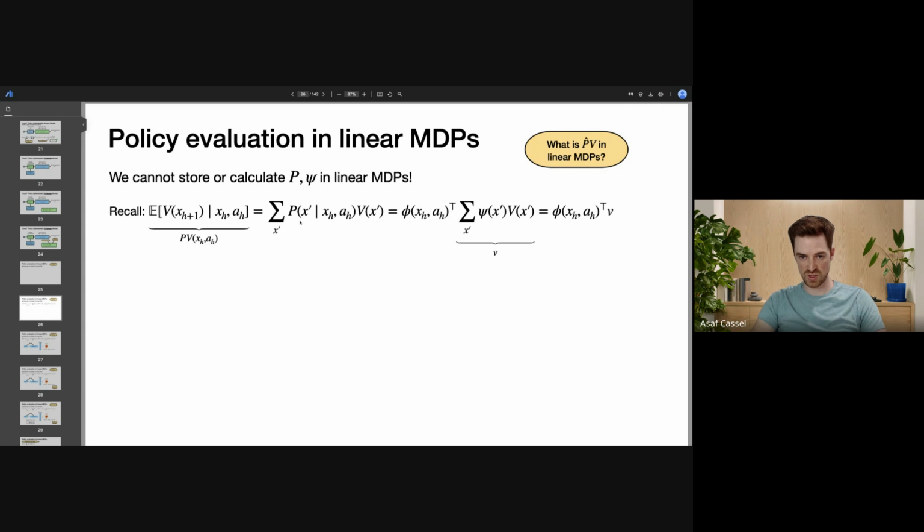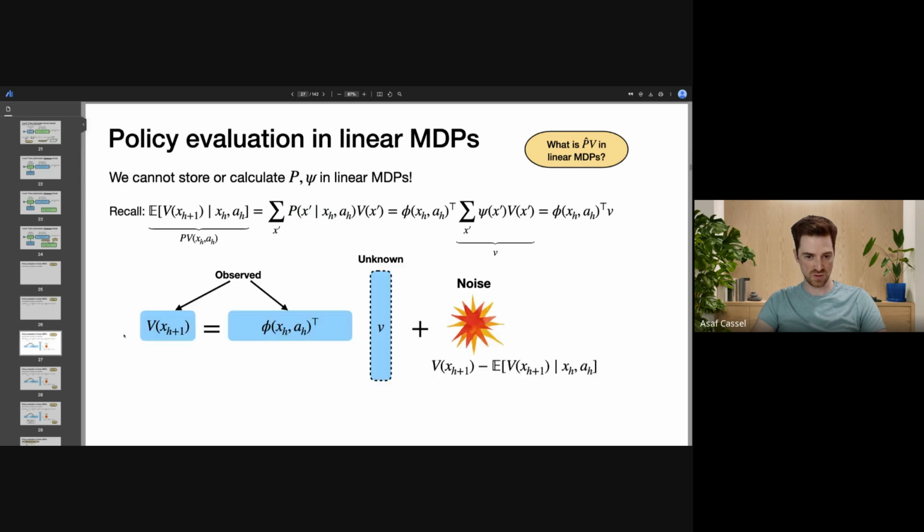Right, so you can write this explicitly and plug in the linear parameterization. And what you'll see is that this next state value is simply phi at the current state and action, transpose this vector V. Okay, and this vector V is given by this term. So this is just a type of linear regression. And if you change things a little bit and add V at X_{h+1}, you can see that for each tuple of X_h, A_h, X_{h+1}, we have the following equation.